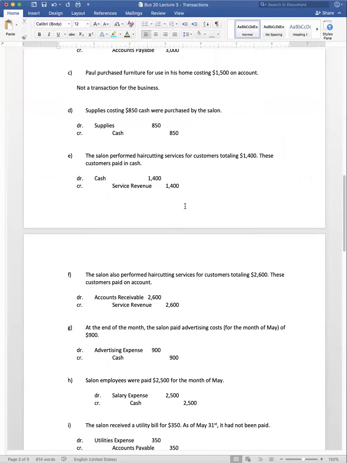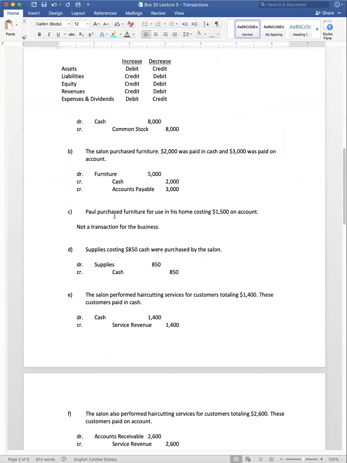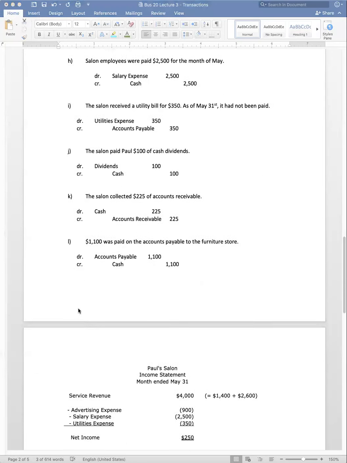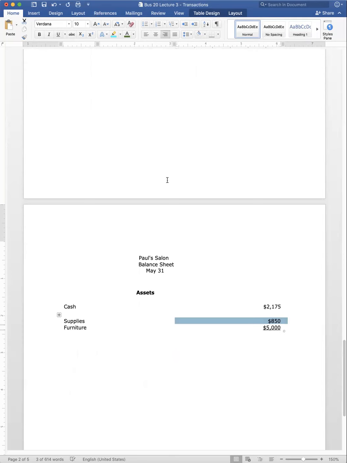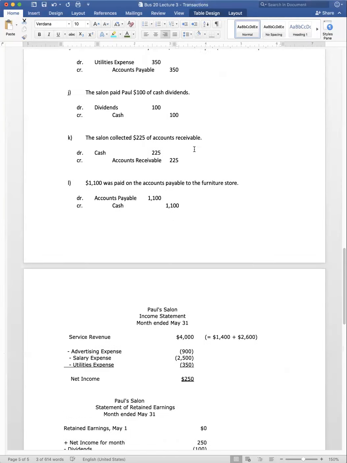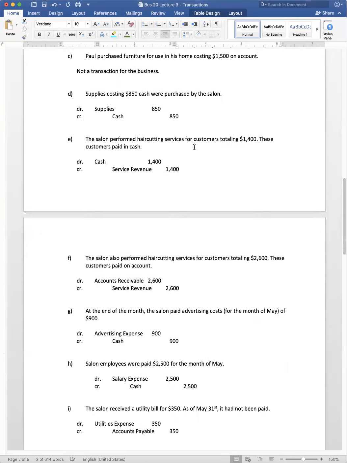We have two other ones. Let's see here. Supplies. Supplies is an asset, and we have $850 of supplies. So we're going to add supplies of $850 to our balance sheet.